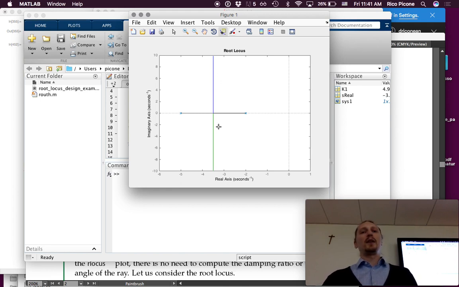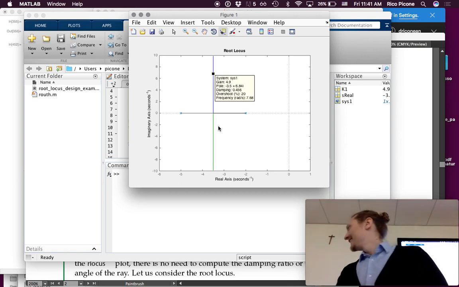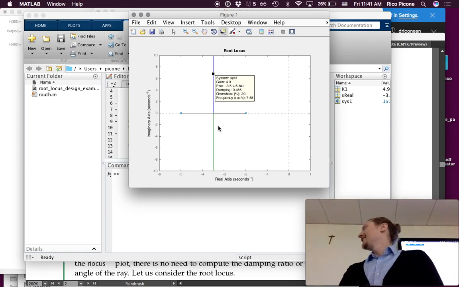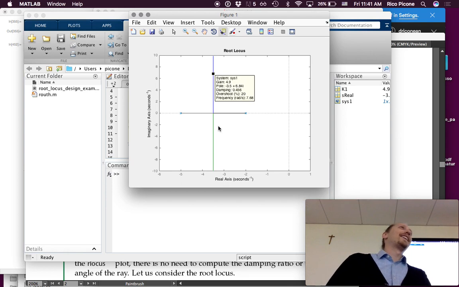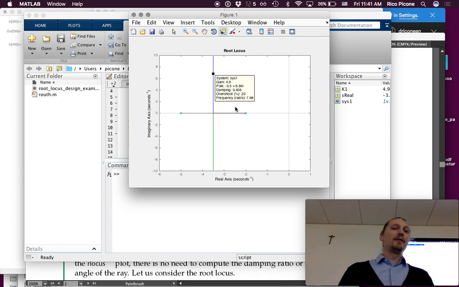But we are not going to. We are just going to come in and say, oh, look, 20% overshoot occurs at a gain of 4.9. See? I like MATLAB. Okay, today we have good vibes from MATLAB. Gain of 4.9 gives us a percent overshoot of 20%, which meets our transient spec, right?